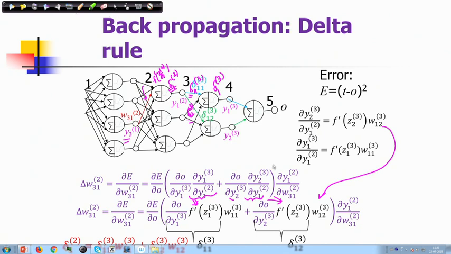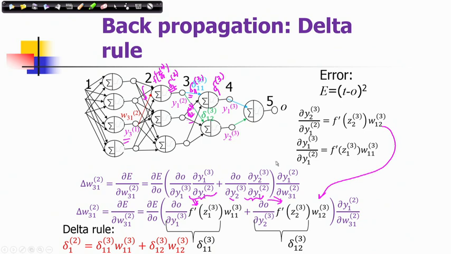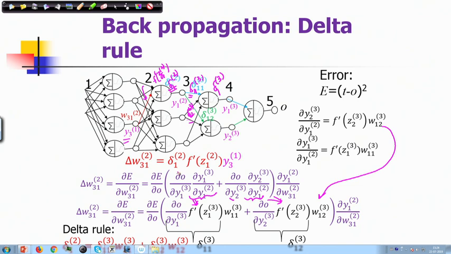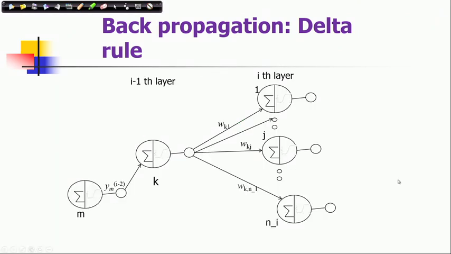So, delta 1 2 multiplied with f dash z 1 2 in that path, and then multiplied with y 3 1.